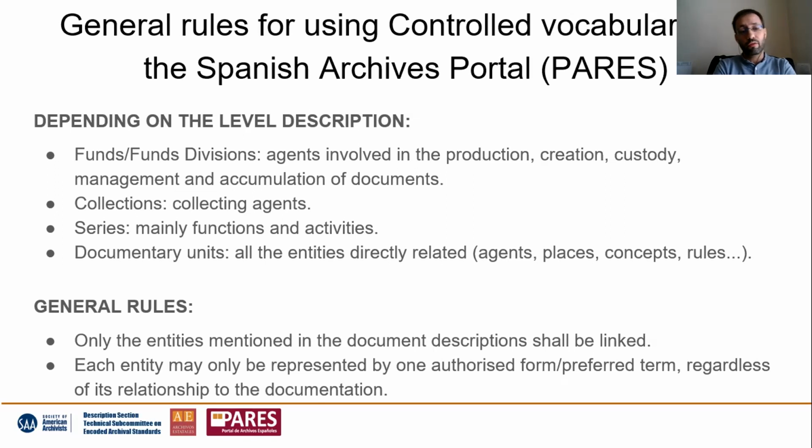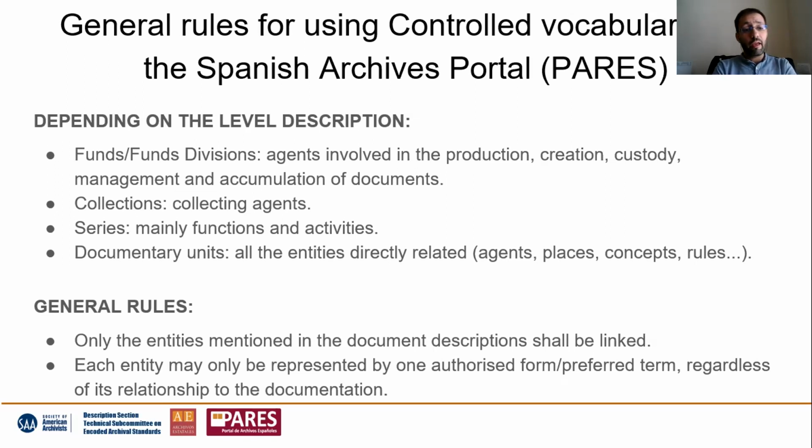Other general rules that we use in our work are that only entities mentioned in the document description shall be linked. If we don't mention, for example, a person in the description, we don't link this entity of person.